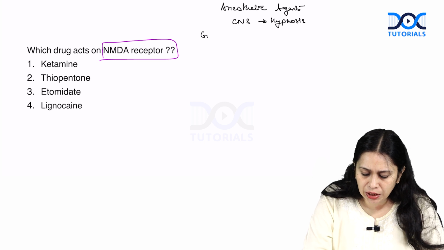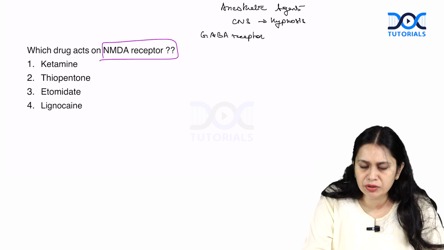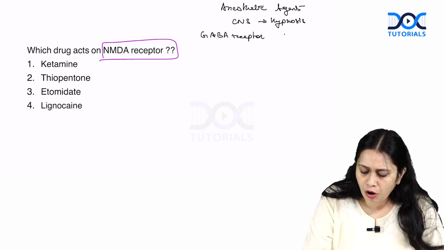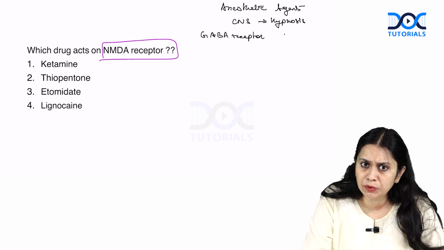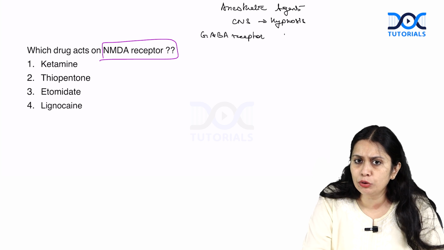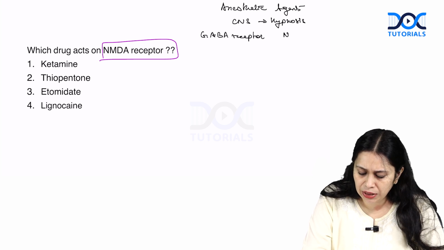Either they act on the GABA receptor, which is inhibitory, as GABA facilitators, or they act on excitatory receptors by inhibiting them, like NMDA antagonists, N-methyl D-aspartate antagonists. We know aspartate and glutamate are excitatory, so they can act on the NMDA receptor as NMDA antagonists.